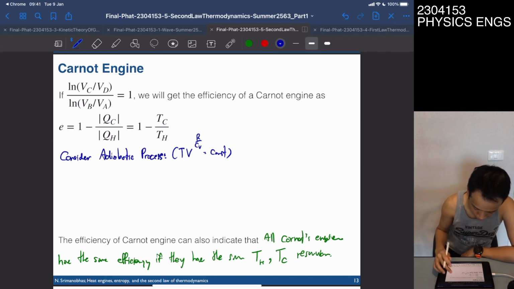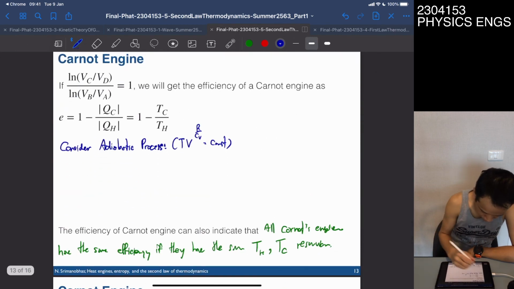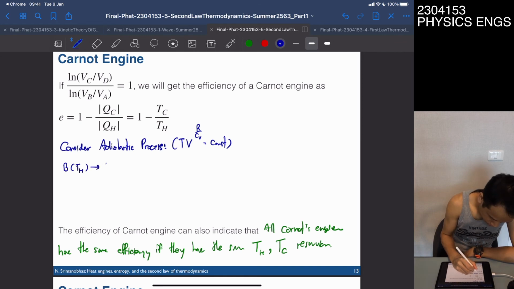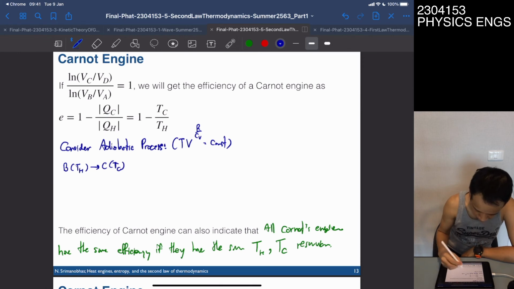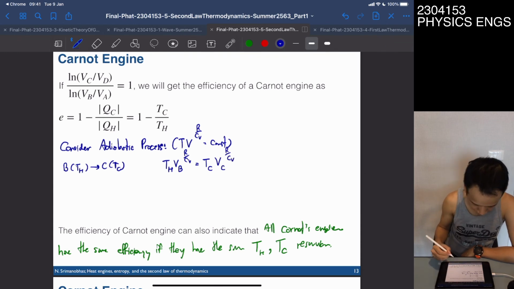So what is the process? We have from B to C, from B, which is T hot, to C, which is T cold. So we have T hot VB to the power R over CV equal to T cold VC to the power R over CV.